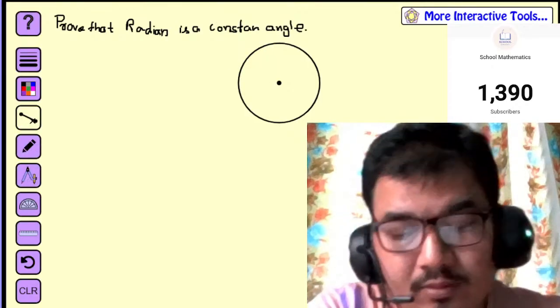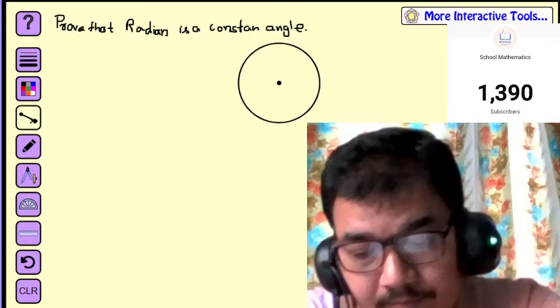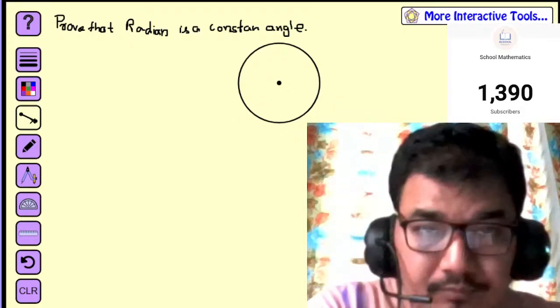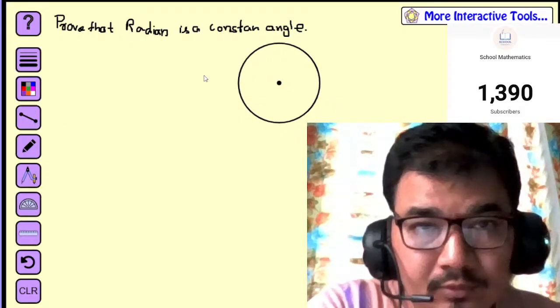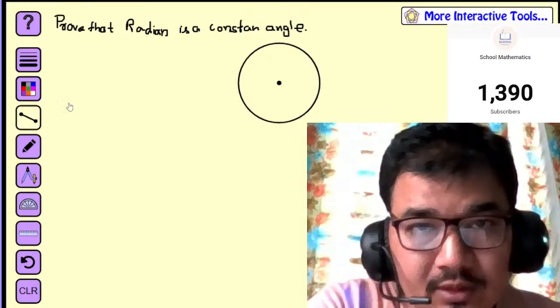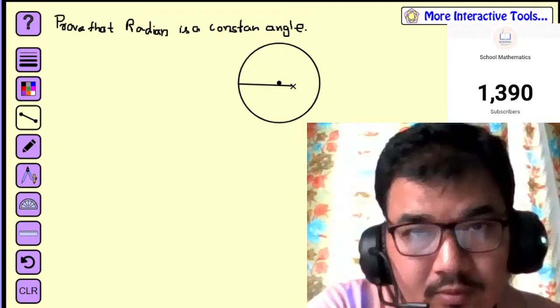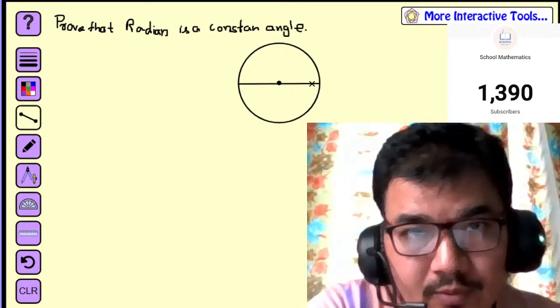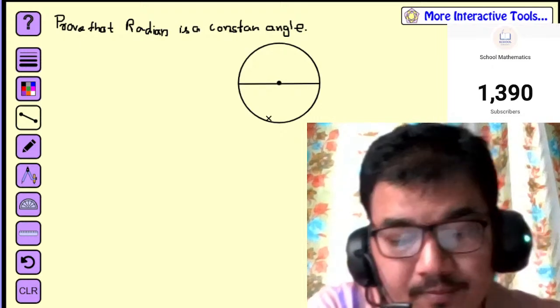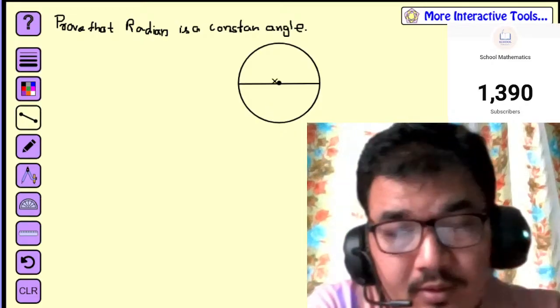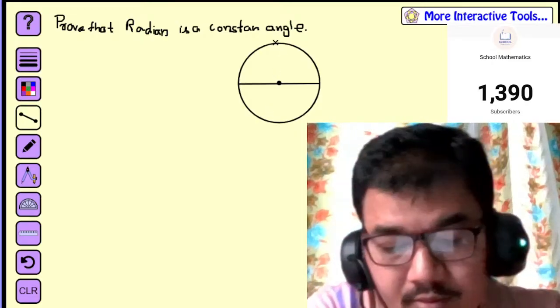Now in this circle, this is the diameter, and this is the diameter.